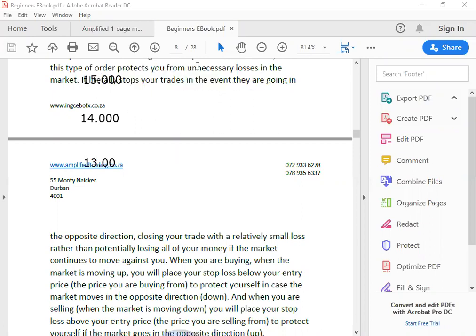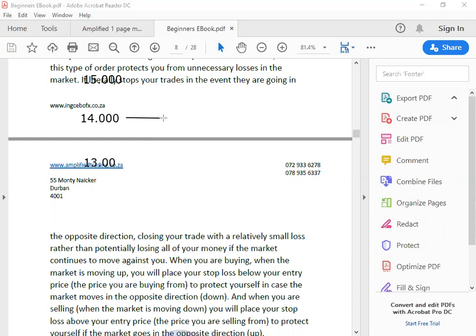If we believe that the market price goes from 13 Rand to 14 Rand, and at 14 Rand we're willing to buy and catch it to 15 Rand, then we obviously have to have, let me change this to black, this is our buy area.